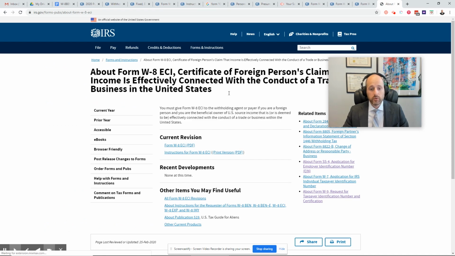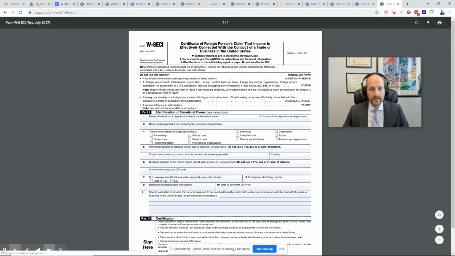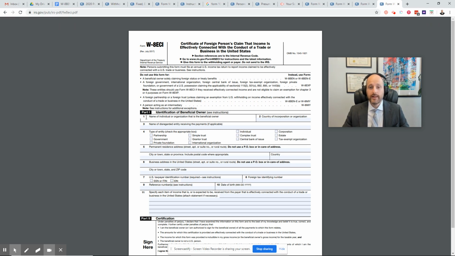This is a similar form. Let's open this one up too. Certificate of foreign person's claim that income is effectively connected with a trade or business. So this is basically if I'm paying my landlord rent and he is a foreign person or an LLC and he wasn't giving me a W-9, then I would get this filled out, and it's basically him saying that he is going to pay taxes on the rental income that I pay him, because it's what I have to pay to rent the apartment, and it's income to him.